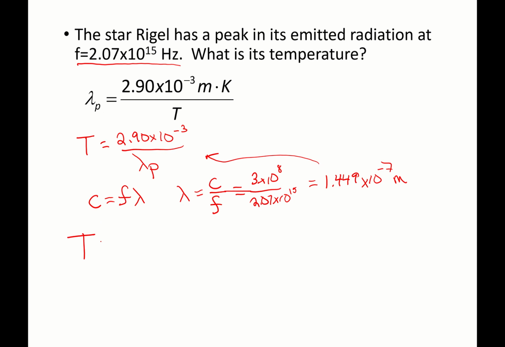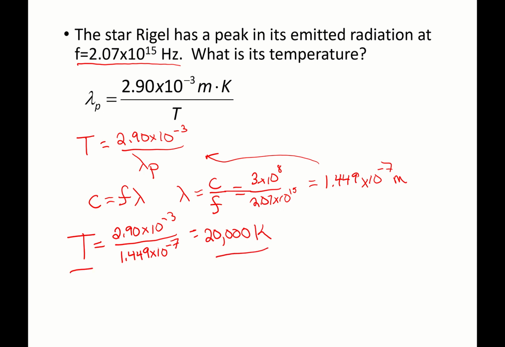So the temperature is 2.90 times 10 to the minus 3 divided by 1.449 times 10 to the minus 7. And I get a very high temperature, 20,000, and the units are Kelvin.